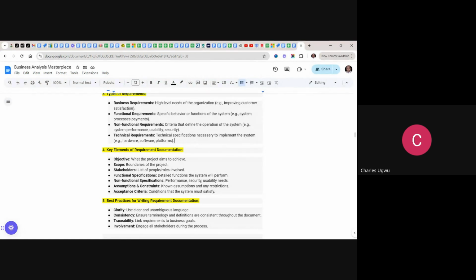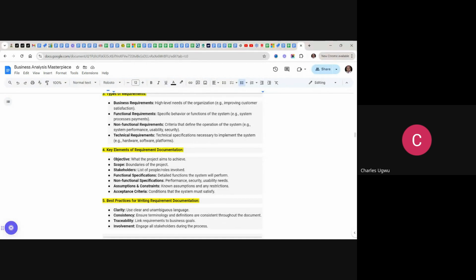In government, we call it a working document, but here it becomes a valid document within that project. So you must state the objective, what the project aims to achieve. Scope, there must be boundaries. You must clearly state the boundaries.